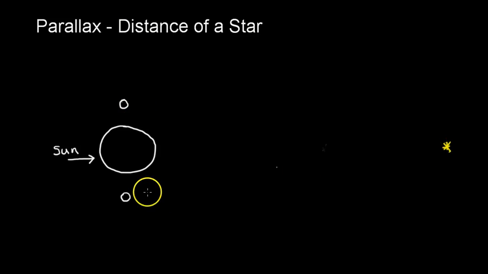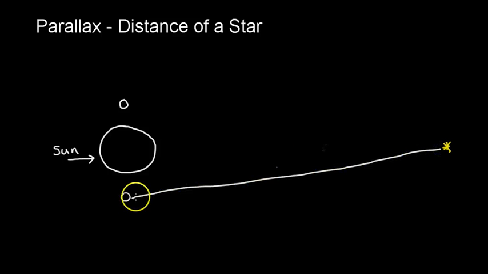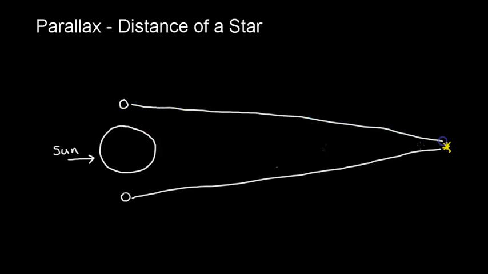So what scientists will do, they'll find a star, and they'll pick a time of the year when we are looking at it, we see the star from that angle, and then 6 months later, we'll see the star kind of like this, and it makes a perfect triangle.